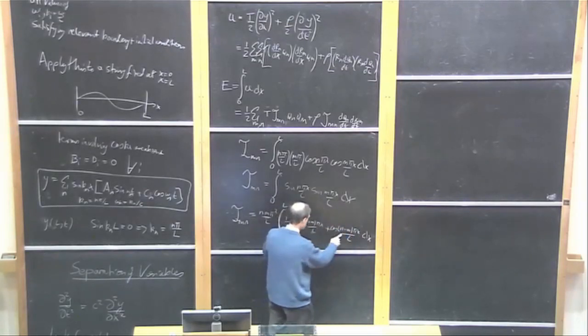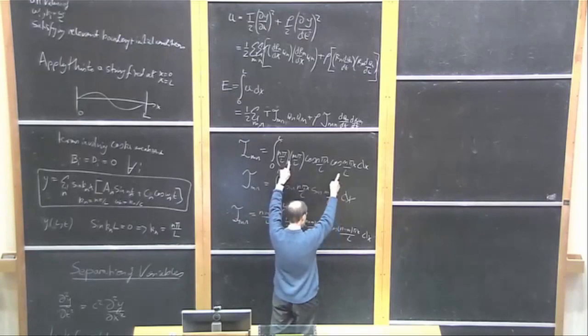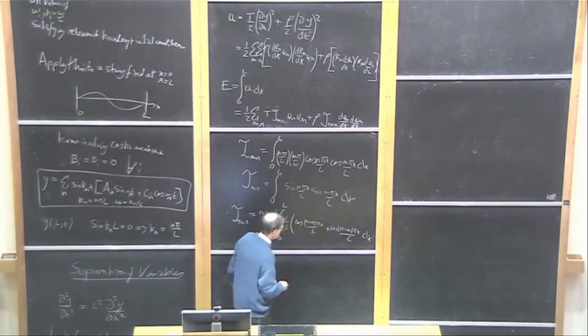Check. Cos plus cos is cos semi-sum, which is n, cos semi-difference, which is m. Yeah, that's right.